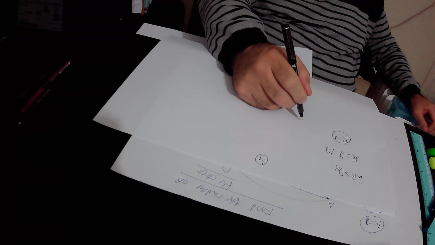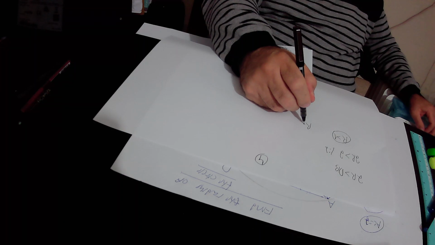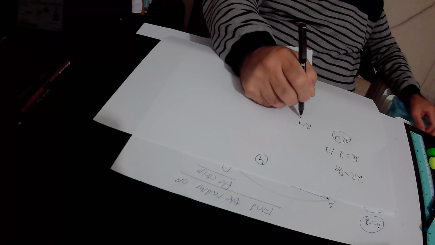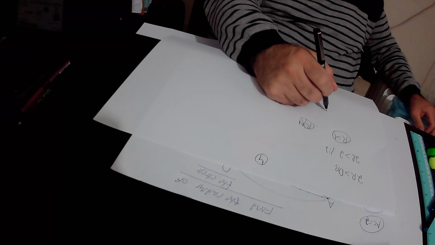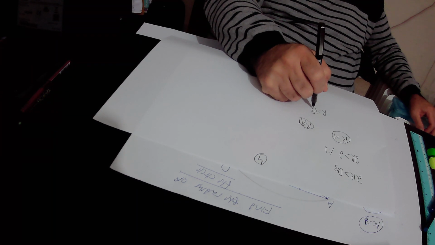So the solution that r equals 1 is not correct, because r must be greater than 1. So we cancel that solution, and we are left with the only possible solution, that r equals the square root of 5 units.